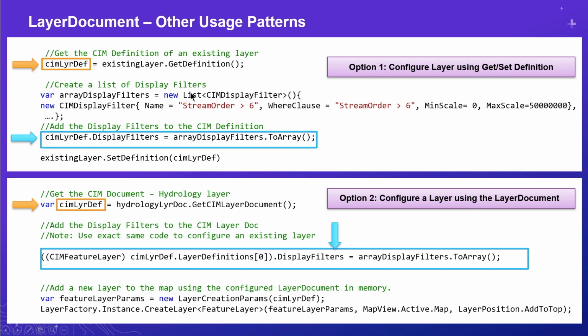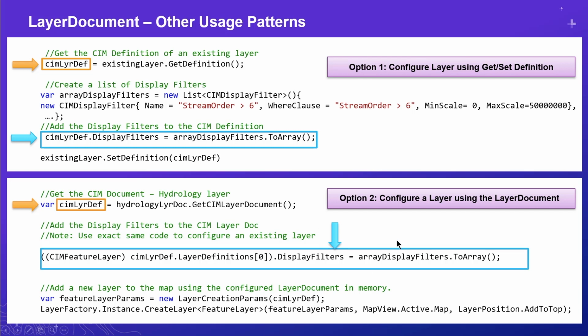We make changes to the CIM. Here in this code snippet, I'm modifying the display filters for this feature layer. I add an array of display filters to the CIM display filter property over here. And then I'm applying all these changes back to the layer using the set definition method.